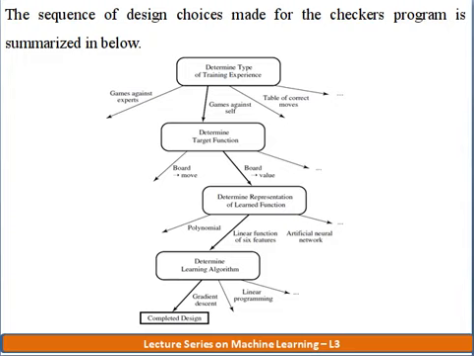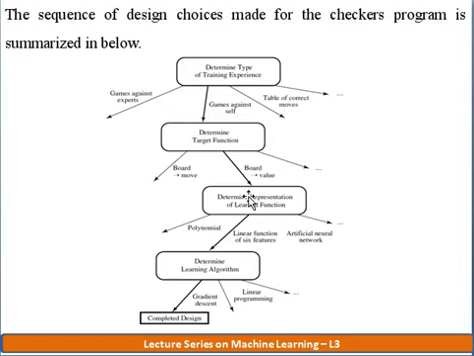So we know that there is indirect training feedback and direct training feedback, and the distribution. The next step is to determine the target function. So here we have the board move, then board value. We have used a real number, that is, V is a function which maps from board state to the value. Then the third step is to determine the representation of the learned function. We can use a polynomial function.